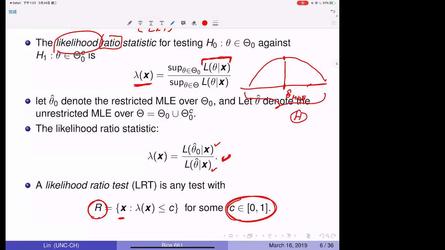Say somebody instead only talks about the null space.